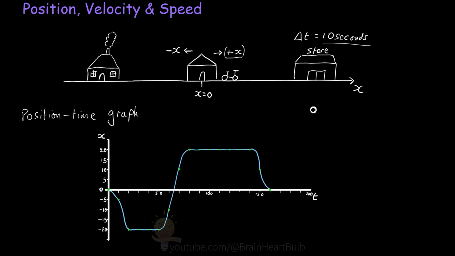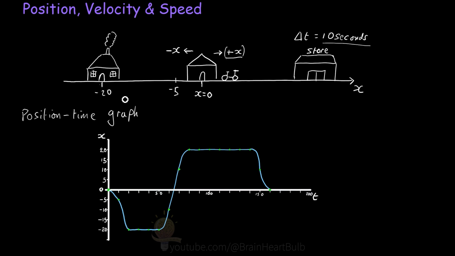So at the bottom here, we've drawn a position time graph of our activity. And the green dots on this graph, which you can just about see, are our locations at the 10-second mark. So initially, on our bike, we head to the left-hand side, and in the first 10 seconds, we are at -5 meters. In the next 10 seconds, we are at -20 meters.